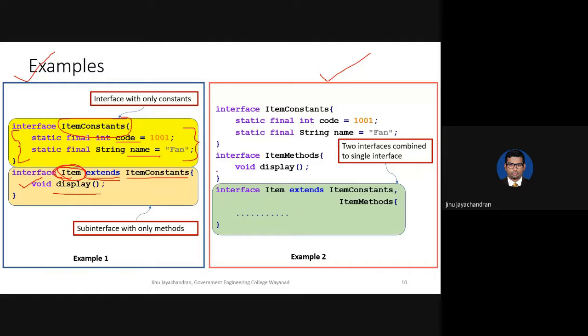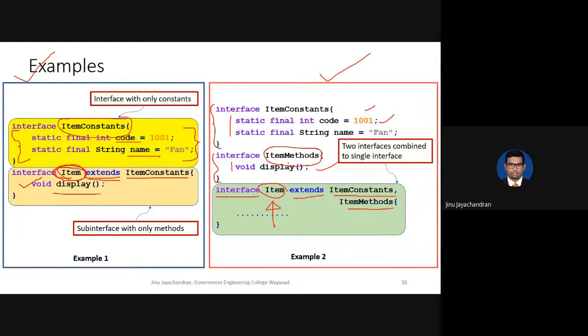If you look at the second box, you see there is item constant, which has only variables, and there is item methods, which has only functions. If you compare these two boxes, you see that item methods is not extending from item constants. There is no extends keyword here. But instead, you are declaring a third interface called item, which is extended from both item constants and item methods, which means this item can access the variables of item constants and the method of item methods.